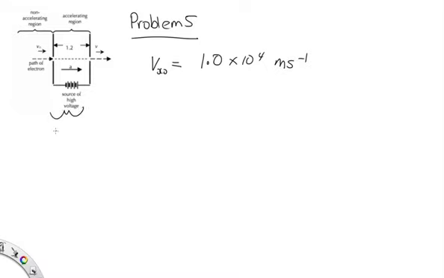Okay, we're up to problem 5. Now, in this problem, we have an electron with velocity Vx naught equal to 1.0 times 10 to the 4 meters per second, which enters a region of width 1.0 centimeters, and it's accelerated in that region as there's a potential difference across here which will make a charge accelerate, and it emerges with a velocity equal to 4.0 times 10 to the 6 meters per second.